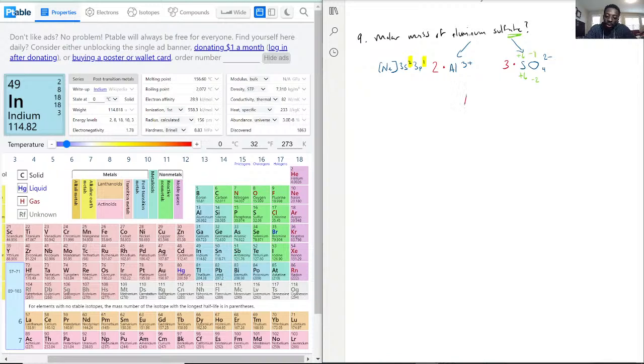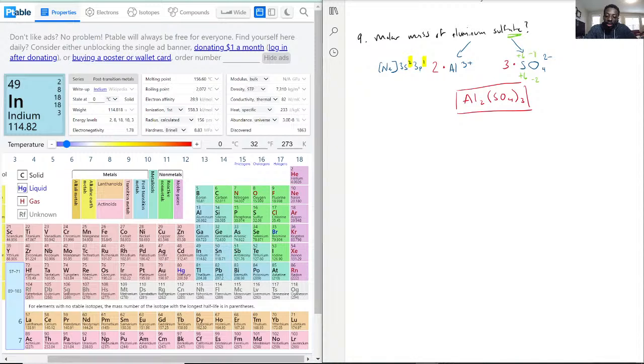So now, in total, for the actual aluminum sulfate structure, we have Al2(SO4)3. That is the molecular structure of aluminum sulfate, the molecular name. So with that being said, now we have to find out the molar mass.